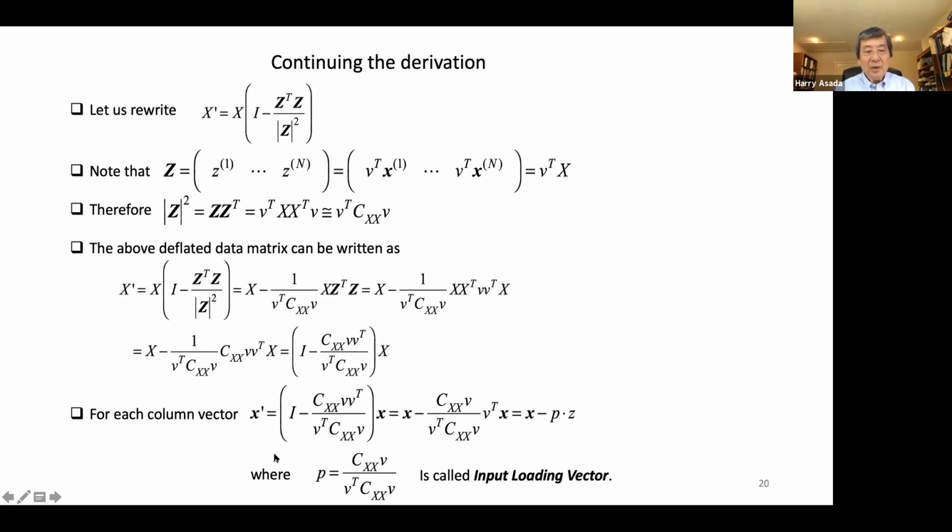So the deflated X prime is given by subtracting the score Z in the direction of the loading vector P from the original X, which gives you the deflated X prime.